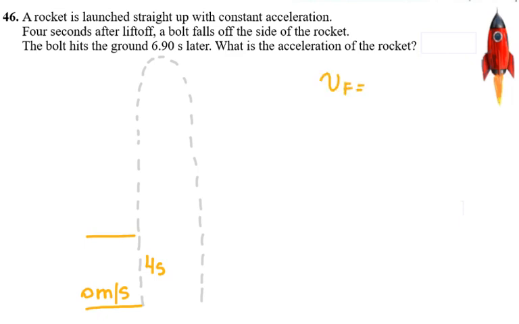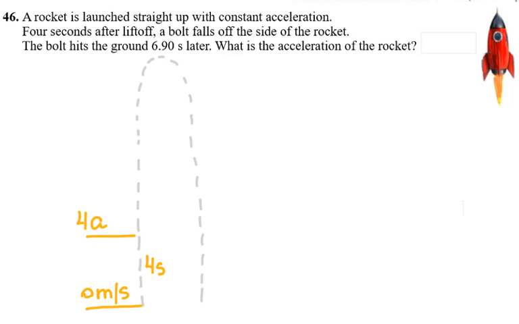The final velocity is the initial velocity plus the acceleration times the time. The initial velocity is 0, acceleration I don't know, and the time is 4 seconds. So the final velocity for the first part of the path is going to be 4a, because it's 4 seconds and the acceleration is a. So the velocity here is 4a. I don't need the formula right now, because I need space to write other things. So I'm going to stop right here.